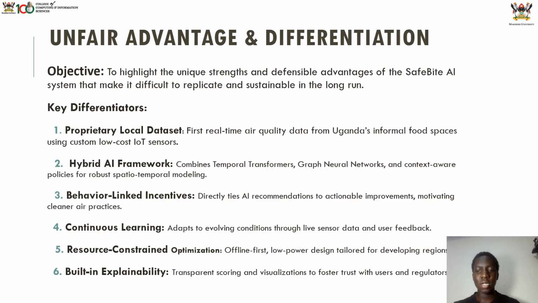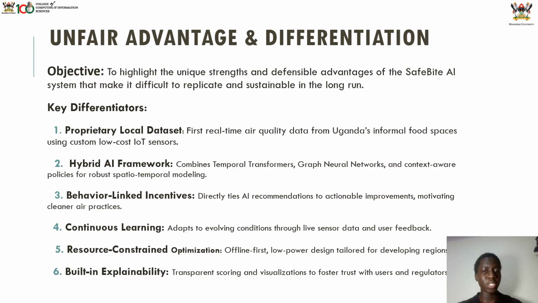And then for unfair advantage and differentiation, the objective was to highlight the unique strengths and defensible advantages of the SafeBite AI system that make it difficult to replicate and sustainable in the long run. So our key differentiators are, first of all, first-time real-time air quality data from Uganda's informal food spaces using custom low-cost IoT sensors, and then a hybrid AI framework.